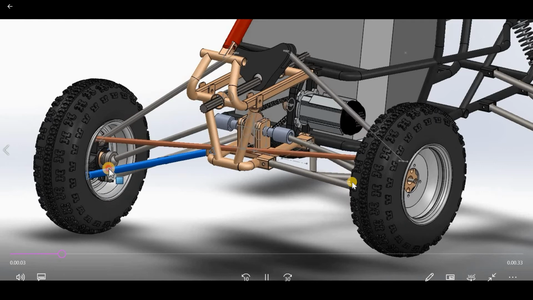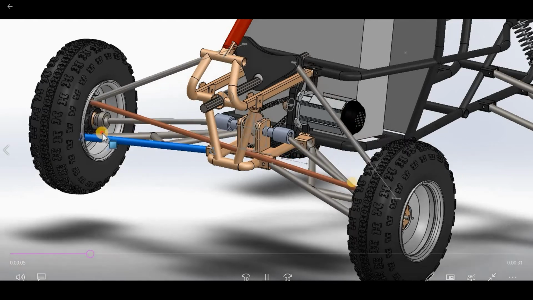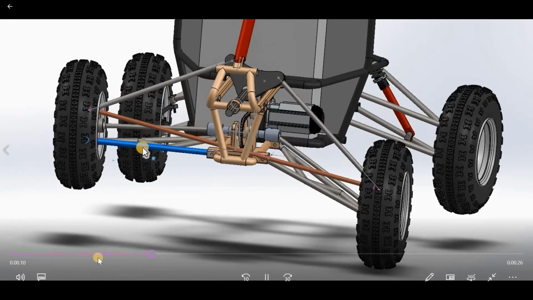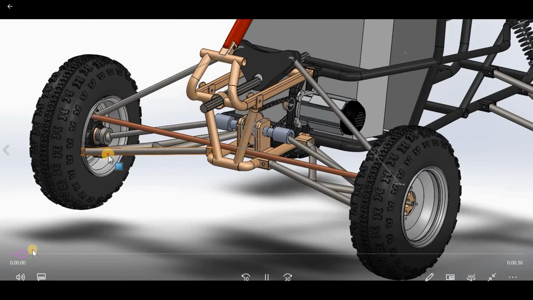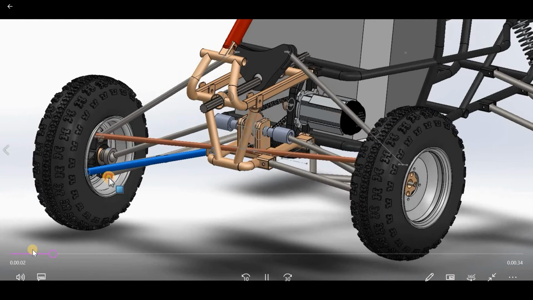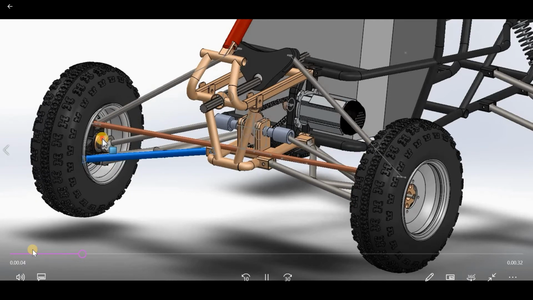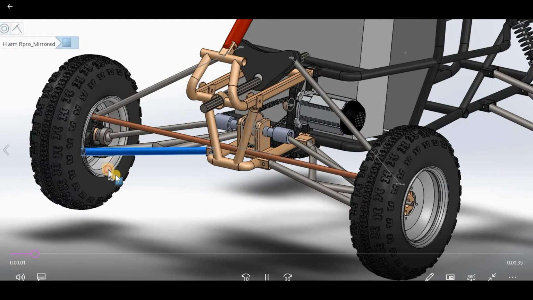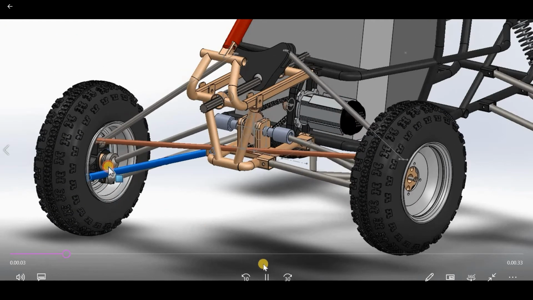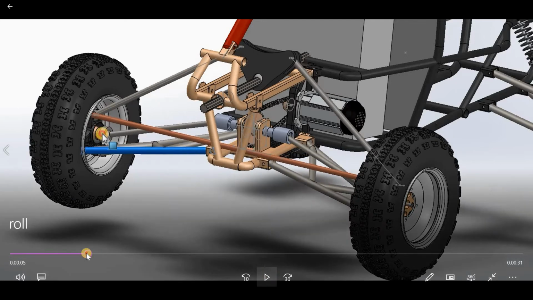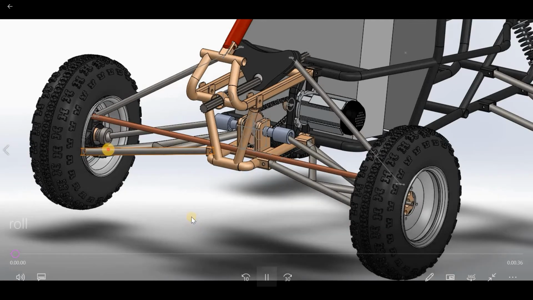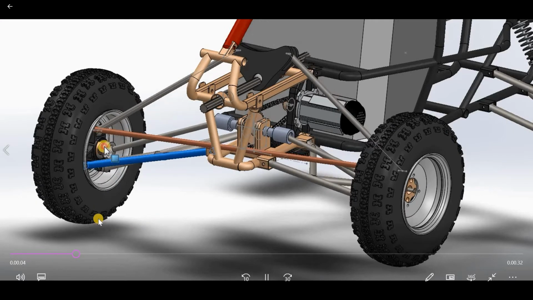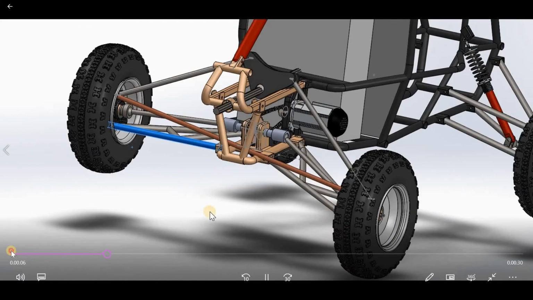Sir, can you see the tires moving up and down? Now is it visible? Yes, sir. I am repeating the same loop again and again so that you can see the movement I am talking about.